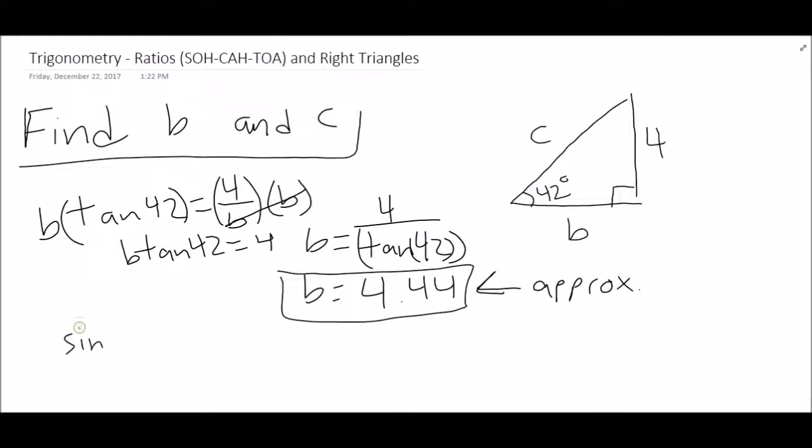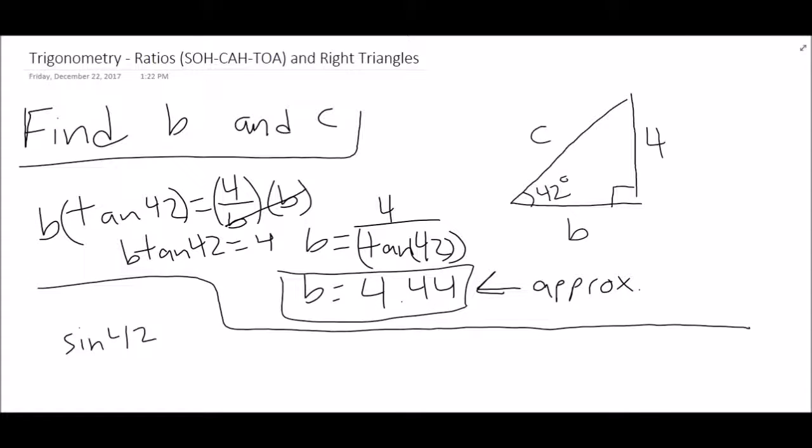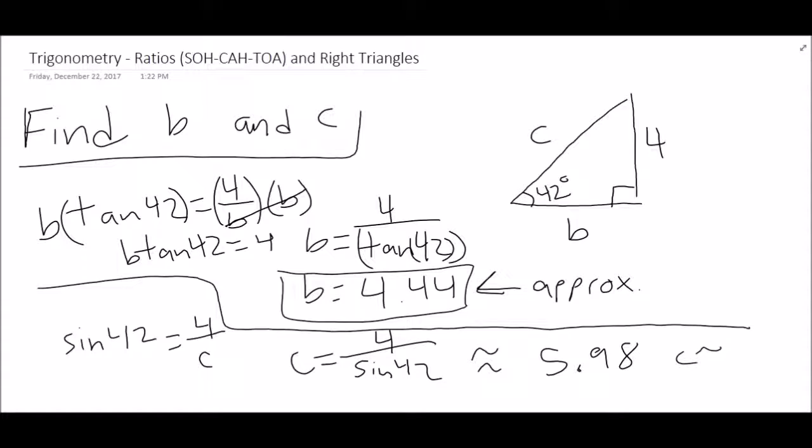Sine 42 equals 4 over C. We do the same process: multiply both sides by C, divide both sides by sine 42, and you end up getting C equals 4 divided by sine 42. You end up getting approximately 5.98. So C is about 5.98, and that is your answer.